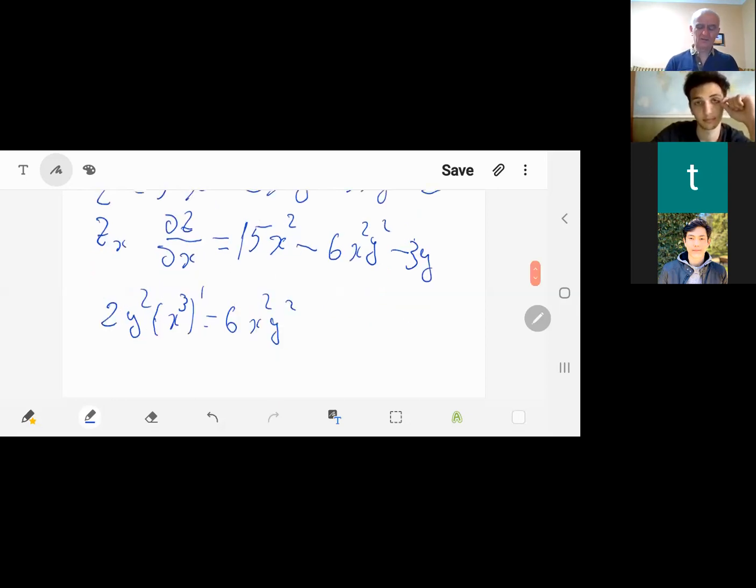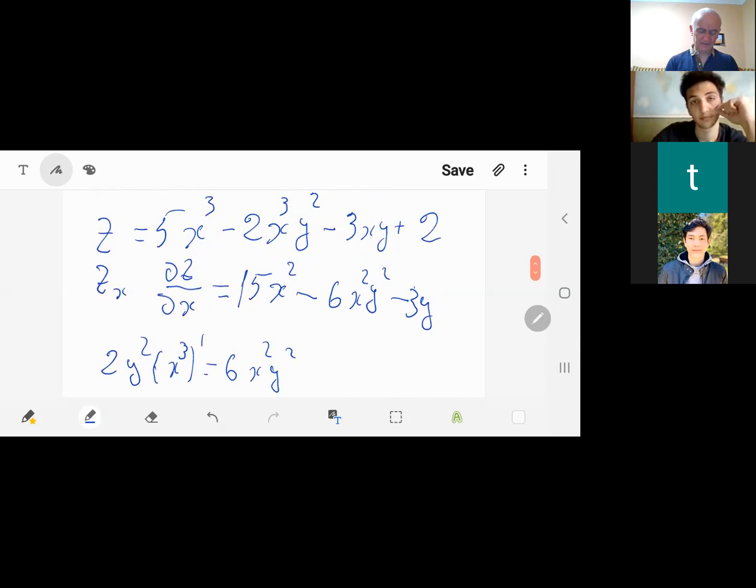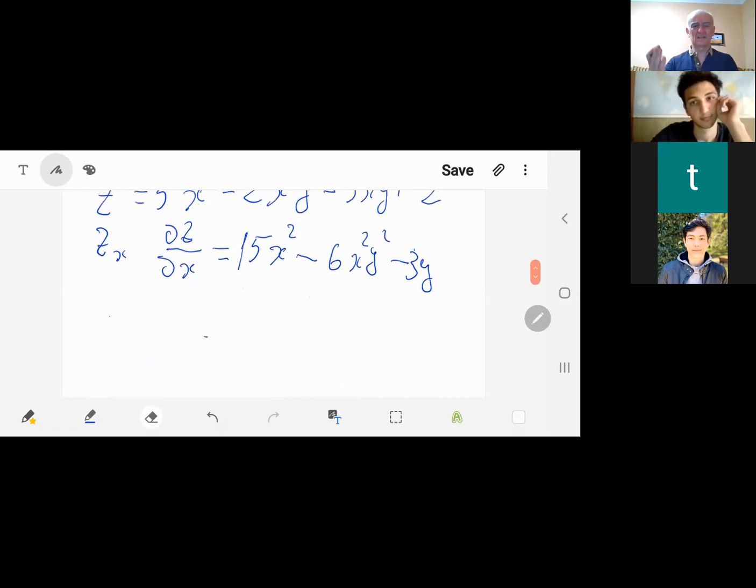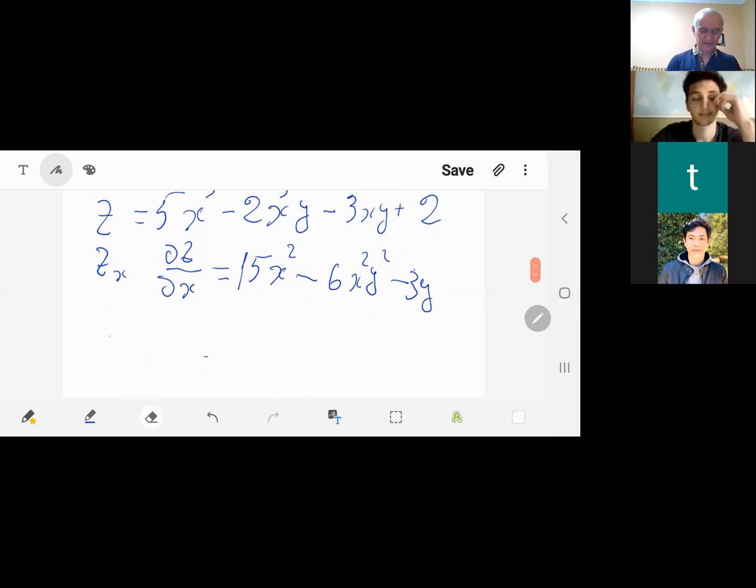And the derivative of 2 is 0, and I will not write it down because it's 0. Okay, now find dz dy.